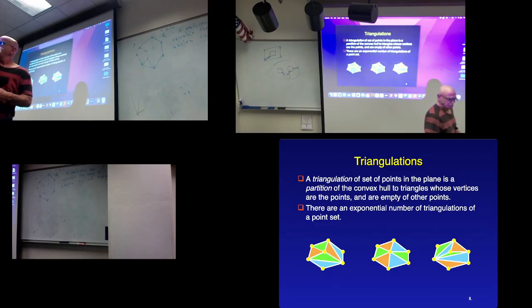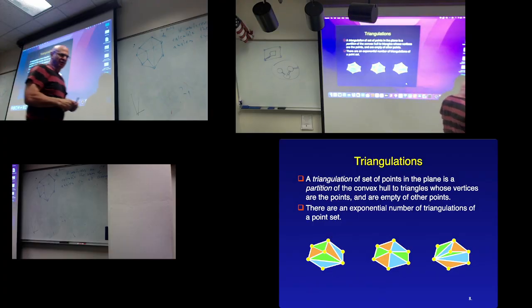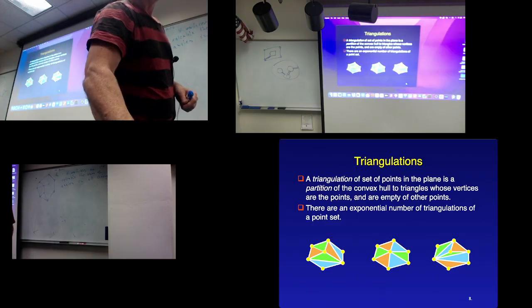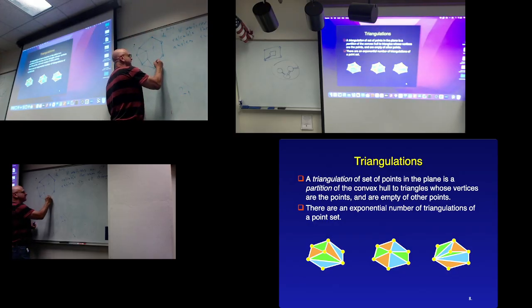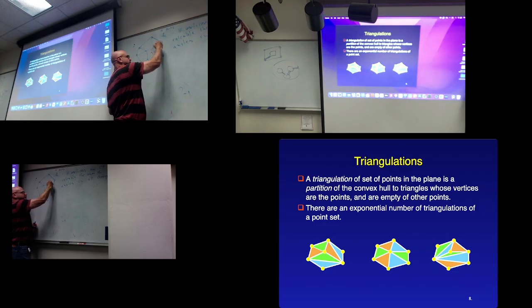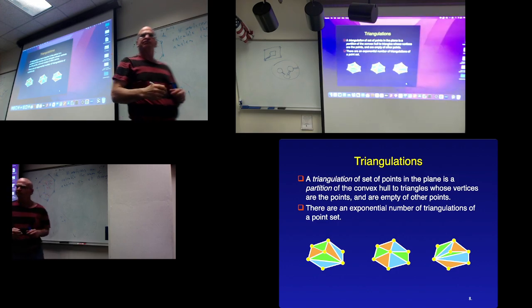So what I really want to know is how many triangles I have, but I'll ask a different question. I'll ask what is the sum of all the angles inside all the triangles? Here is one angle, alpha 1, alpha 2, alpha 3, alpha 4, alpha 5, alpha 6, alpha 7.